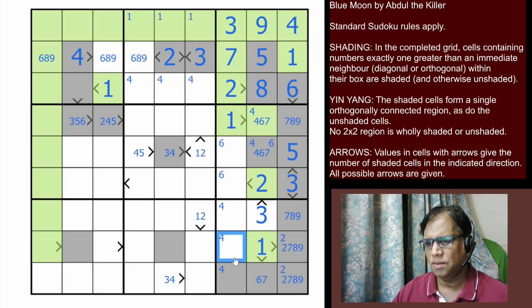Oh, we don't know the color of this, right? Why don't we know the color of this? 3, this is fine.